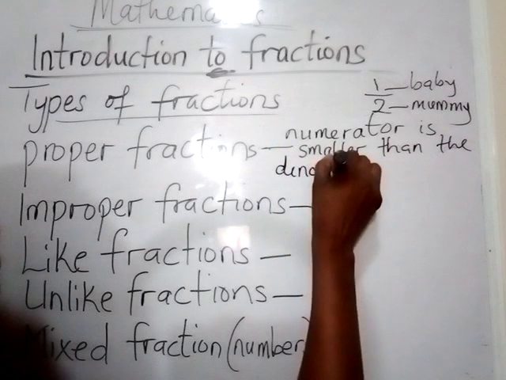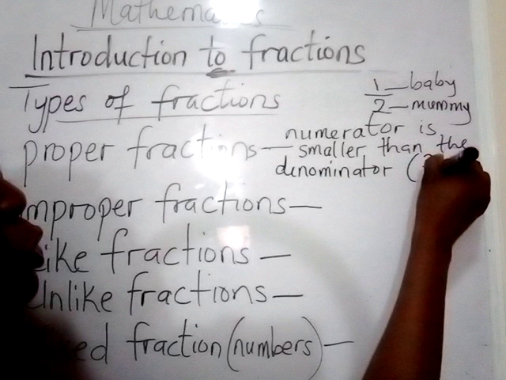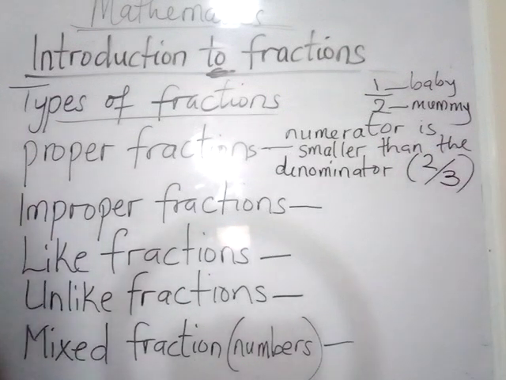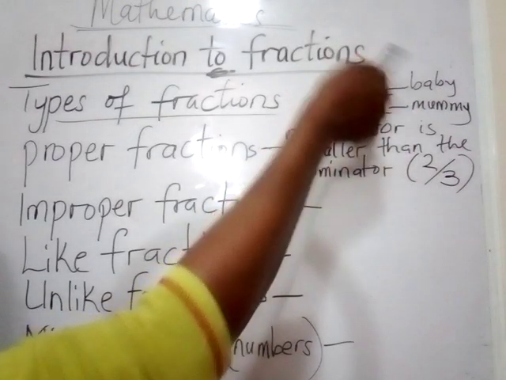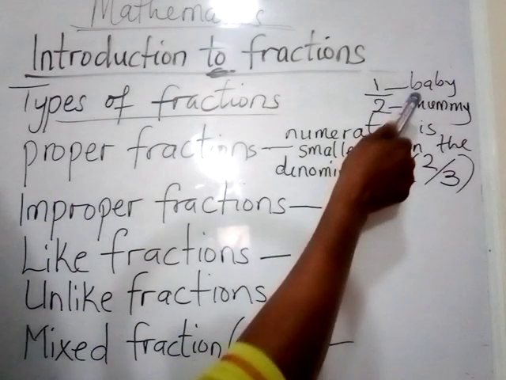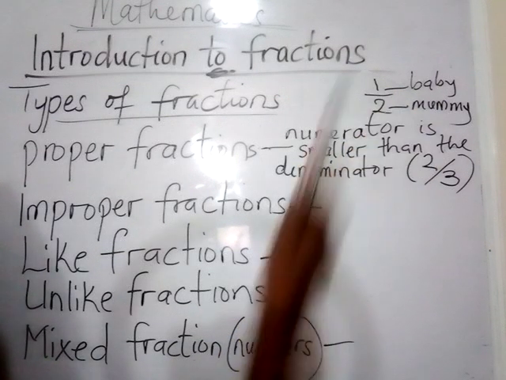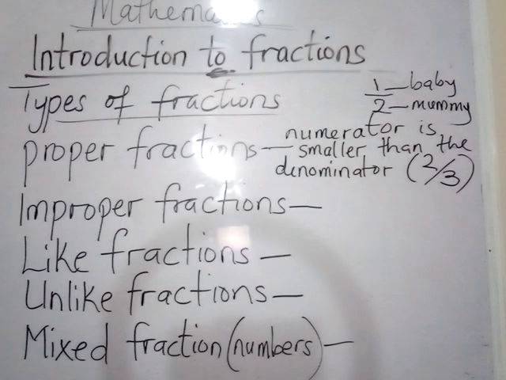So we could just put an example like here, put 2 out of 3. The numerator is smaller than the denominator. It's proper. Now, when you have a case where mommy is now being carried by baby, does it look normal? Mommy is supposed to be carrying the baby. Mommy should be bigger than the baby. That's the case of a proper fraction.